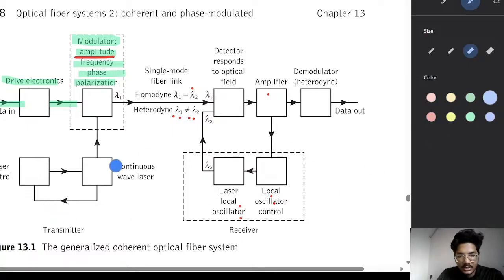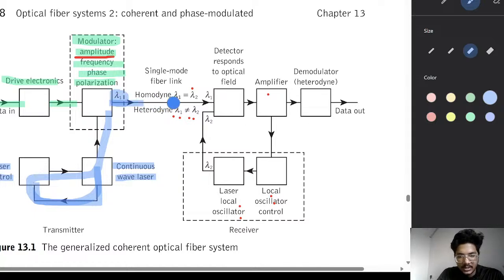Thereafter a continuous wave laser provides a different frequency through the laser control. This is the transmitter continuous wave laser through which a frequency is passed, and we get lambda 1 from this side.